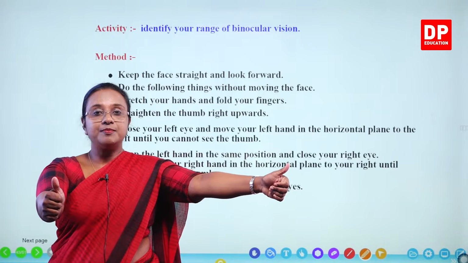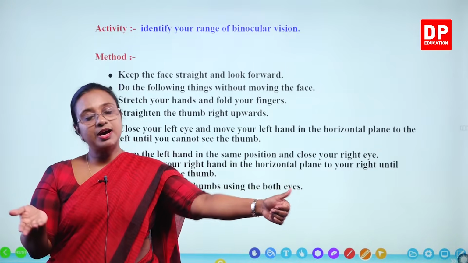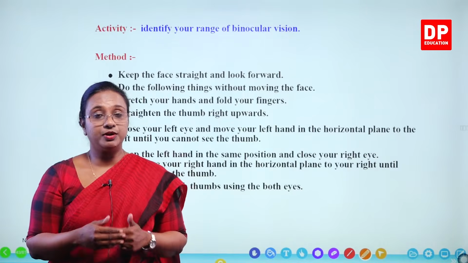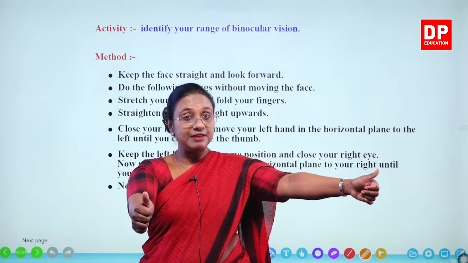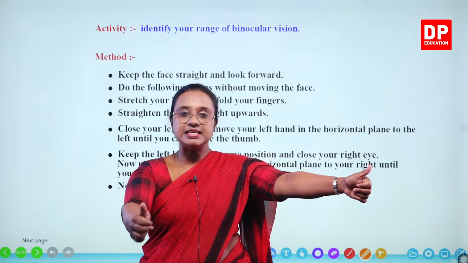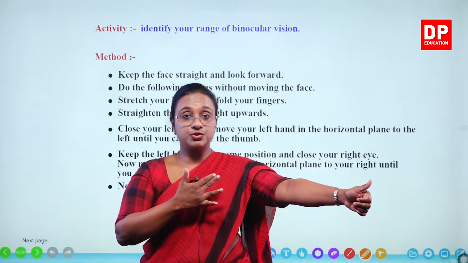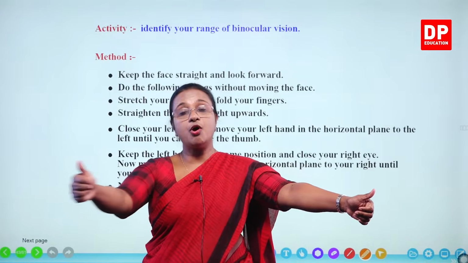The same way, I have to close my right eye. So same way, you can either ask your friend to close it or you can do it on your own. So now students, I have found the range for my left side. Up to here, I can see with only my right eye when my left eye is closed. The same way, you have to close your right eye and move your right hand.